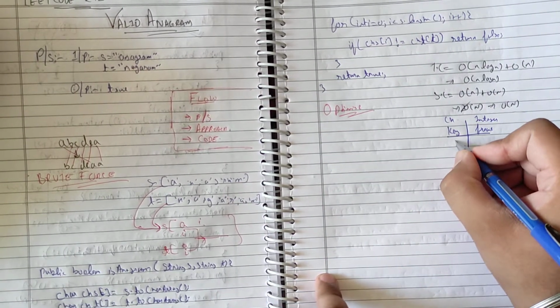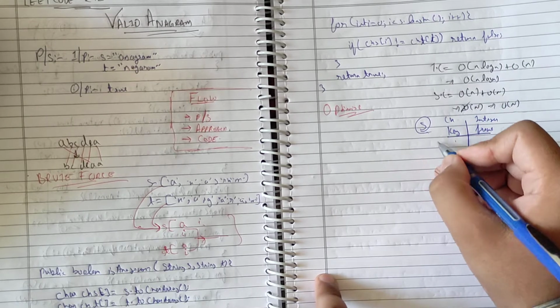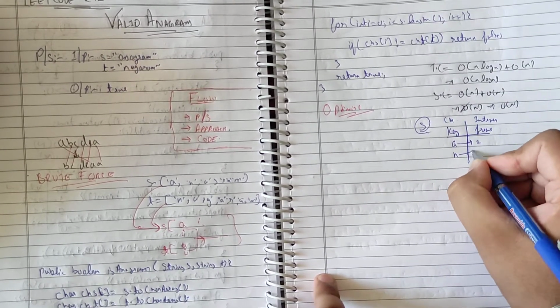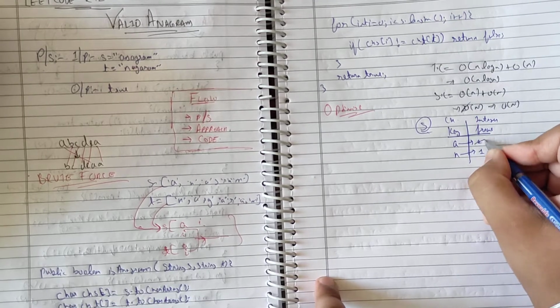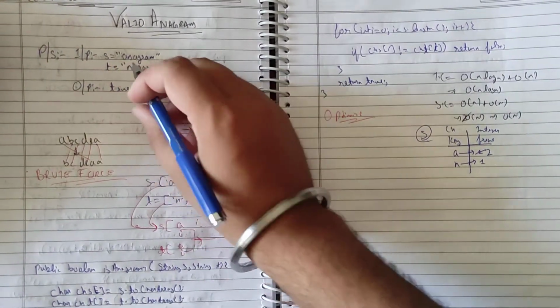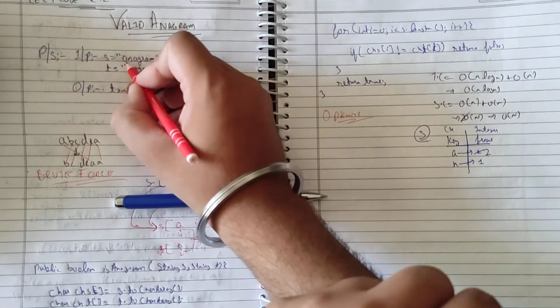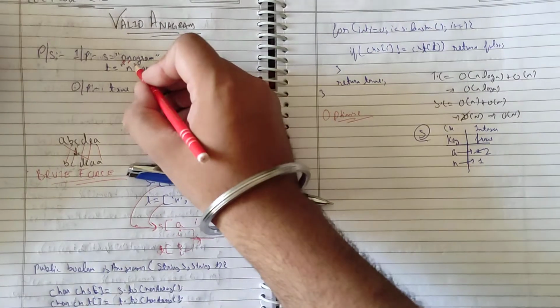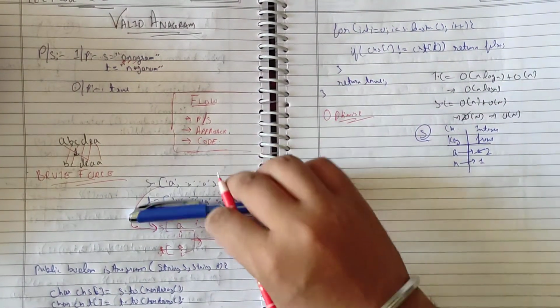So I will put all my s values, the string values, over here. I will put my a, the frequency will be 1 initially, then n, frequency is 1, then a again comes, the frequency becomes 2. As you can see over here, I put my a, then I put my n, now I'm again putting my a, so my frequency becomes 2.